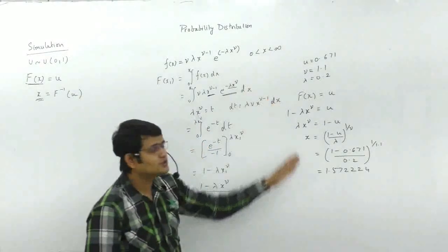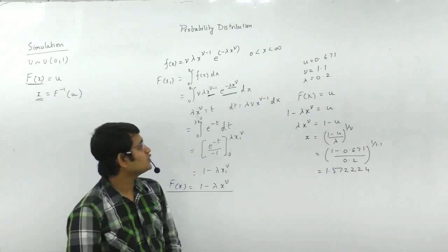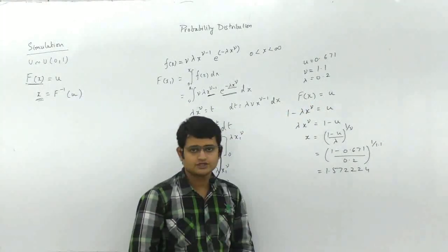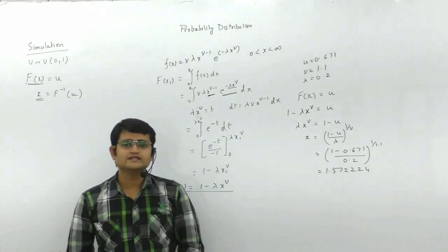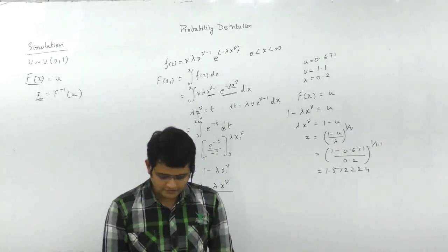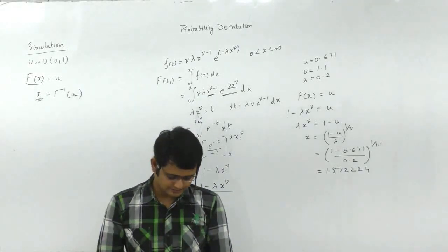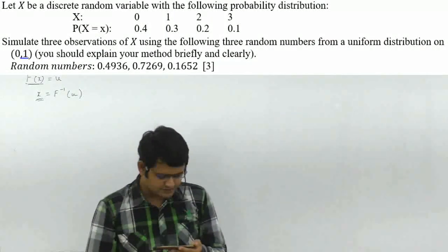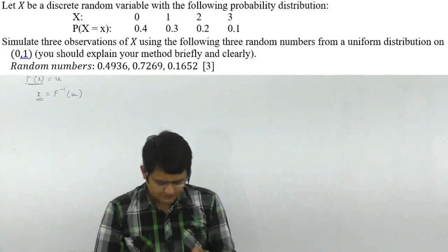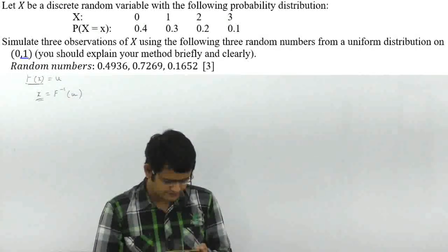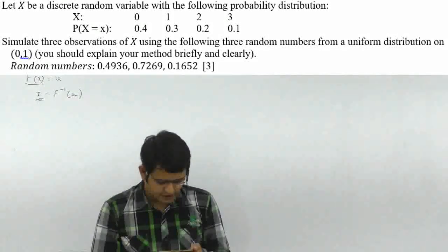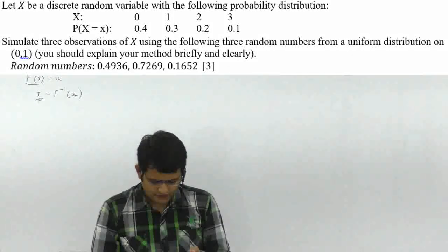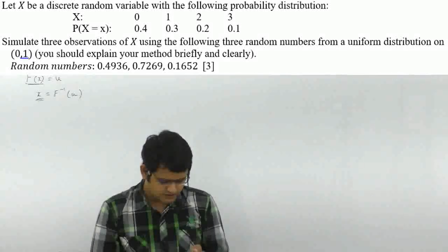This is the method you are going to use when we are dealing with a continuous distribution. For a discrete distribution there is a different method. For that we are going to see another sum. The question reads, let x be a discrete random variable with the following probability distribution. First, simulate 3 observations of x using the following 3 random numbers from a uniform distribution on 0, 1.